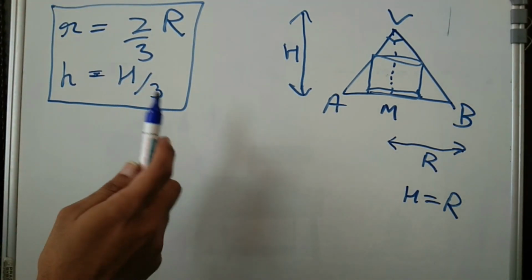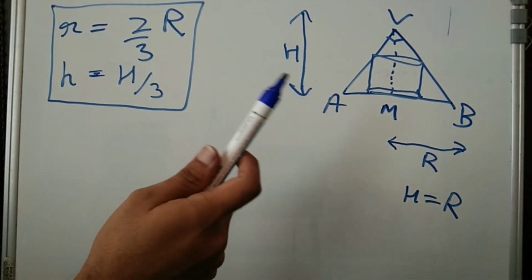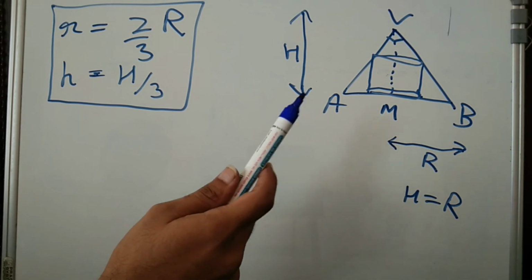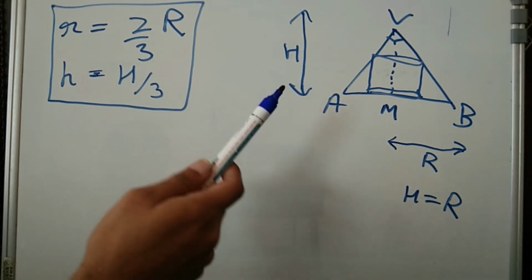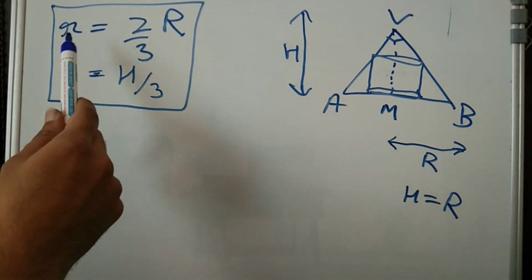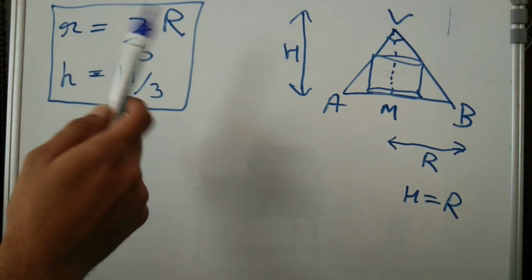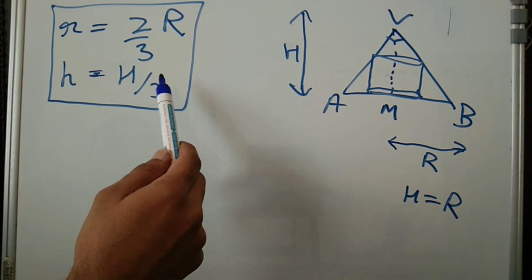So this is something we need to remember. When the greatest volume cylinder is inserted inside the cone, the relation between the radius and height goes like this. So we need to remember this.